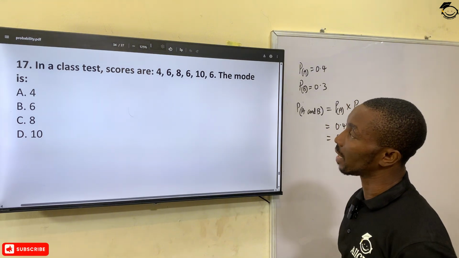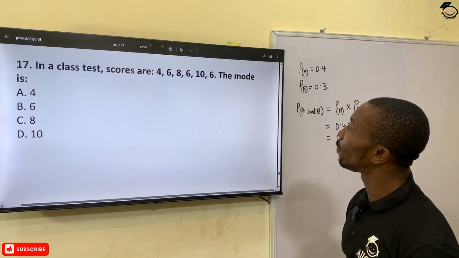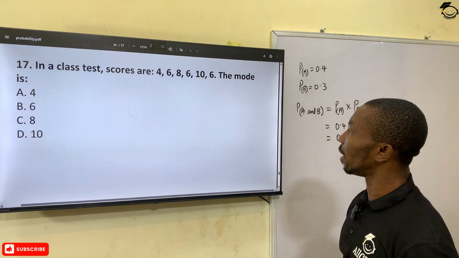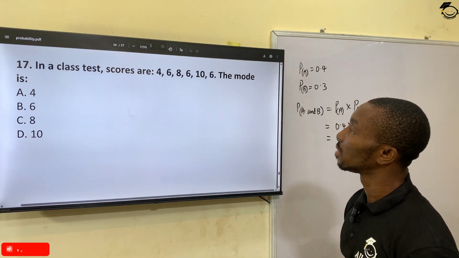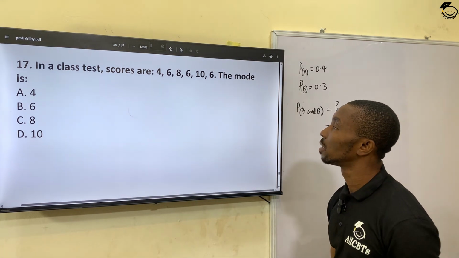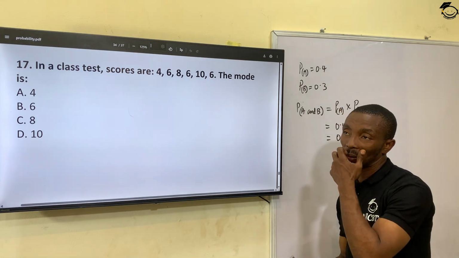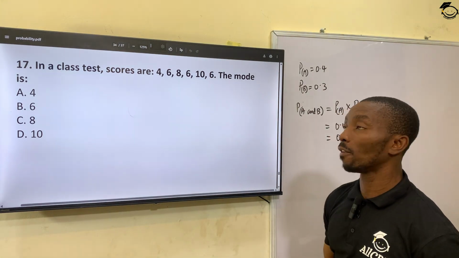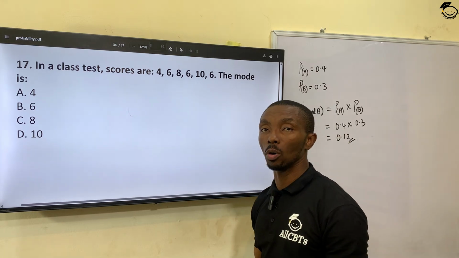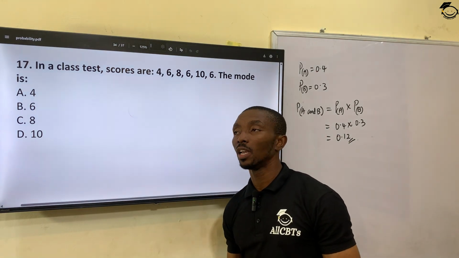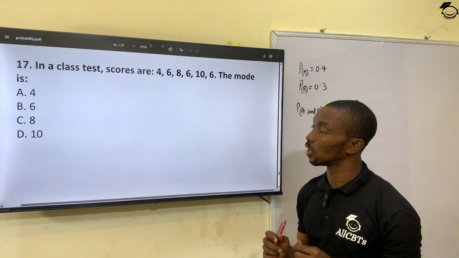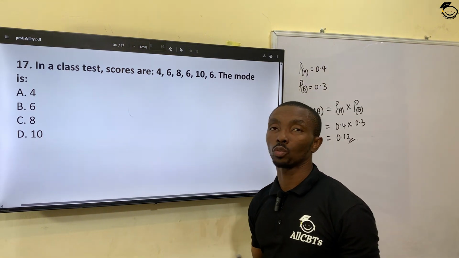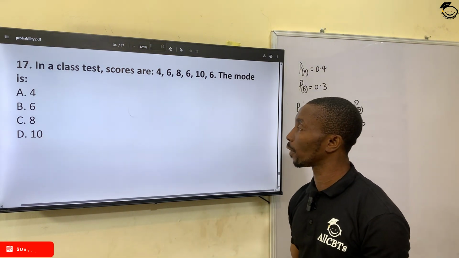In a class test, scores are 4, 6, 8, 6, 10, and 6. It says, what is the mode in this set of data? Now, we know that the mode of any set of data is the digit, number or event with the highest occurring frequency.